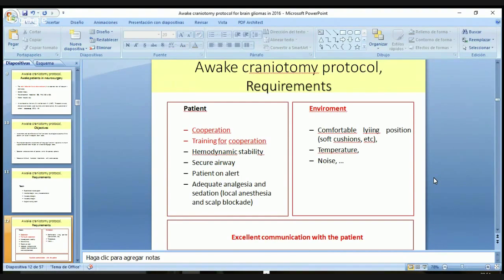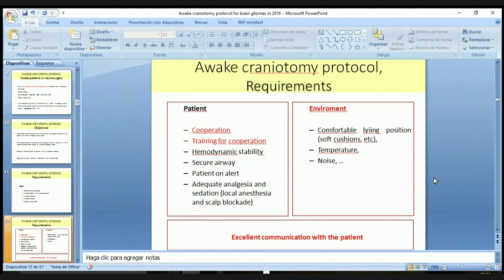We need a patient who collaborates, who cooperates, who is trained for cooperation, with hemodynamic stability and a secure airway. The patient will be alert and will receive adequate analgesia and sedation, such as local anesthesia and a scalp block.